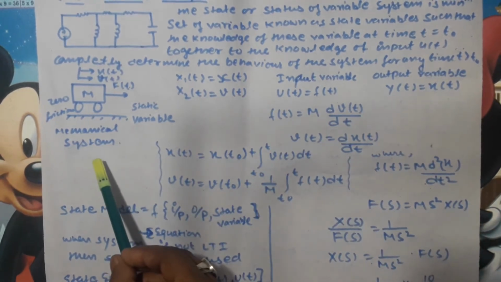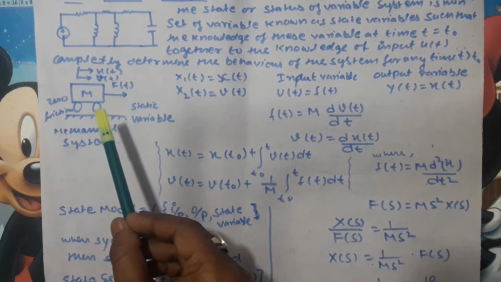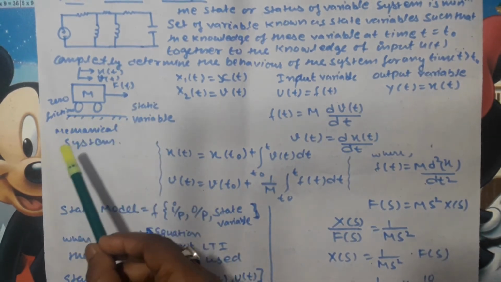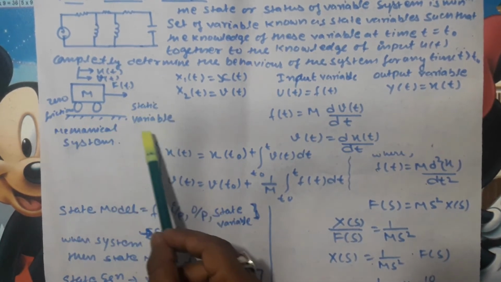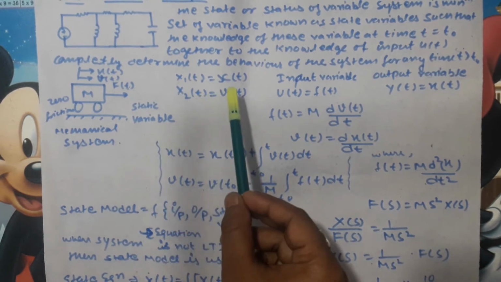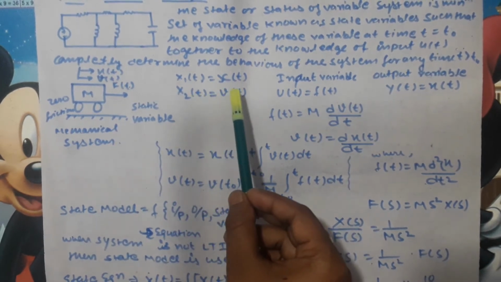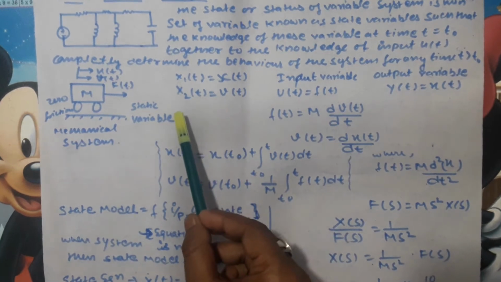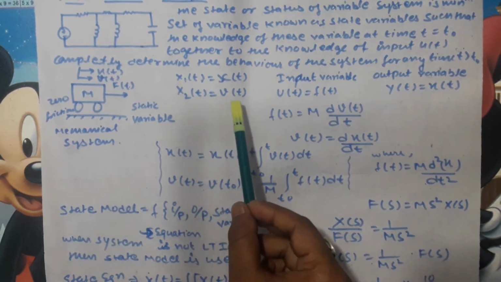So in a mechanical system with x of t, v of t, f of t, and this is the zero friction case, the state variables are x1 of t, assumed as x of t, and x2 of t, assumed as v of t.